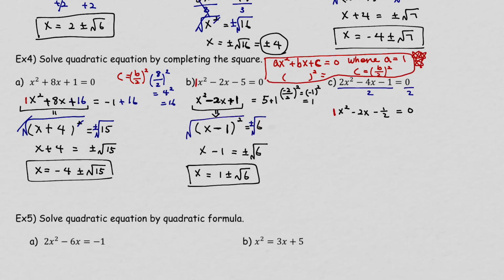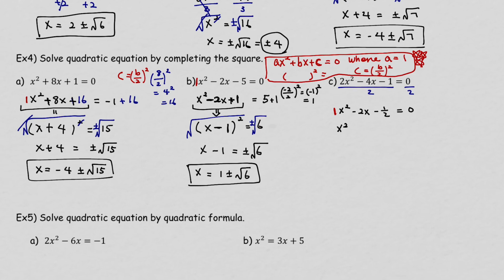And I'm going to rewrite this without the c. So it will be x squared minus 2x. Negative 1/2 becomes positive 1/2 on the other side. Your new c is going to be using this b right here. So it will be negative 2 over 2 squared. And that gives you negative 1 squared, which is 1, right?